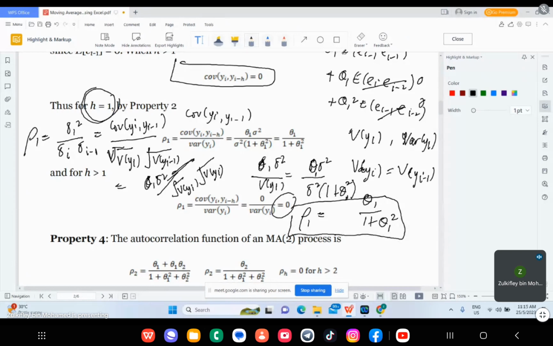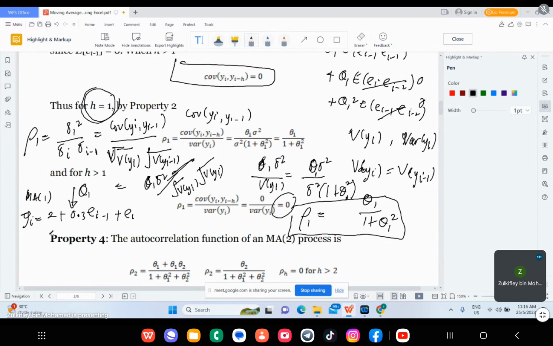Kalau contohlah, katakan awak ada you punya MA1 function. Let's say you have an MA1 function. Given that MA1 function yi is equal to, let's say, 2 plus 0.3 epsilon i minus 1 plus epsilon i. So in other words, this one is theta 1. Fair enough.